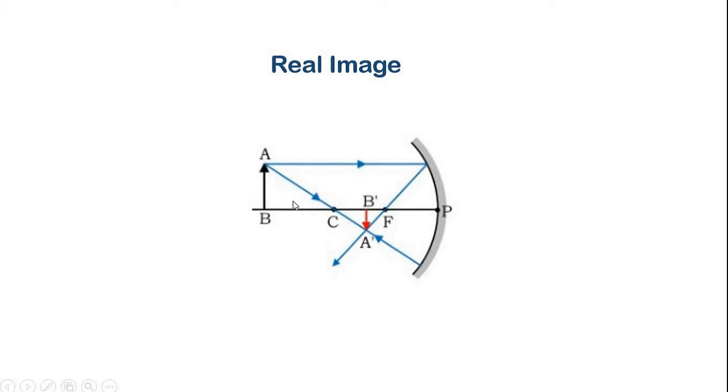In this figure, A prime B prime is the real image of the object AB due to reflection on a concave mirror.